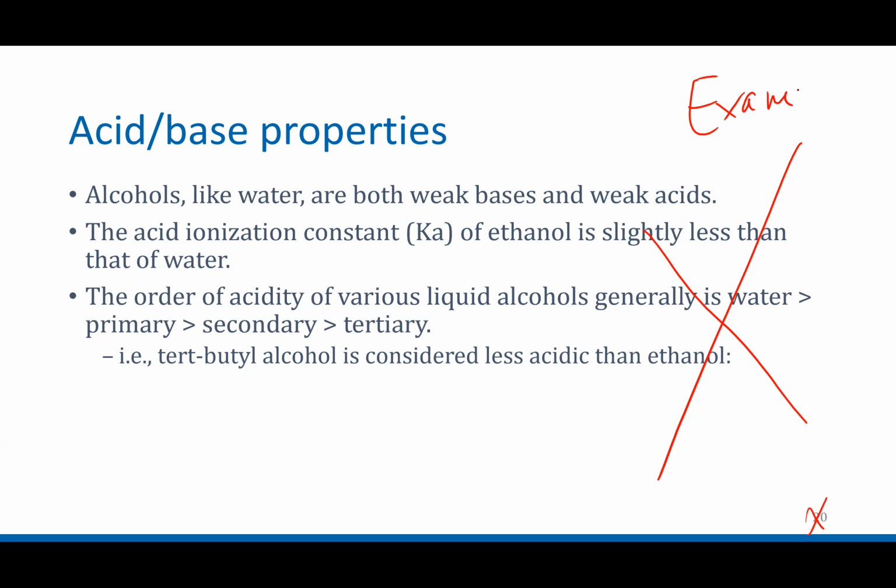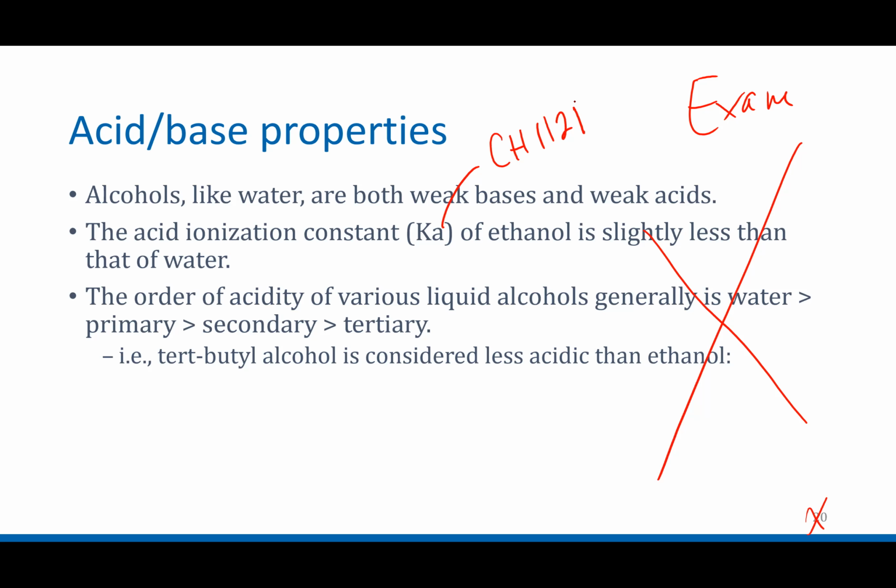Okay, so alcohols, like water, can be both weak bases and weak acids. This goes back to what you did in CH2420. The Ka, the acid ionization constant, is the strength of the acid. Remember that, the equilibrium constant?